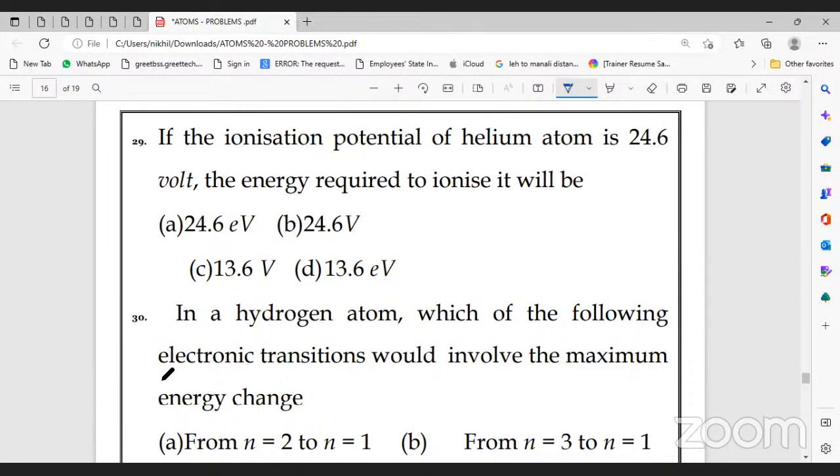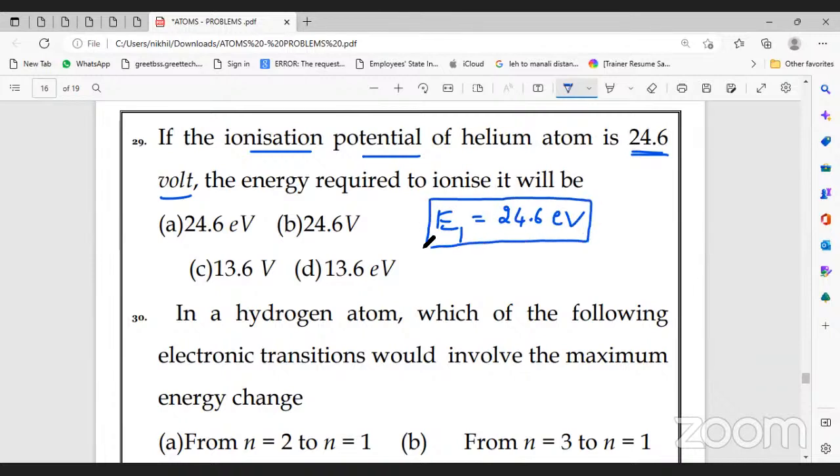Come to this. Ionization potential of helium is 24.6 volt. Ionization potential is 24.6 volt means what is the ionization energy of the helium? 24.6 electron volt.